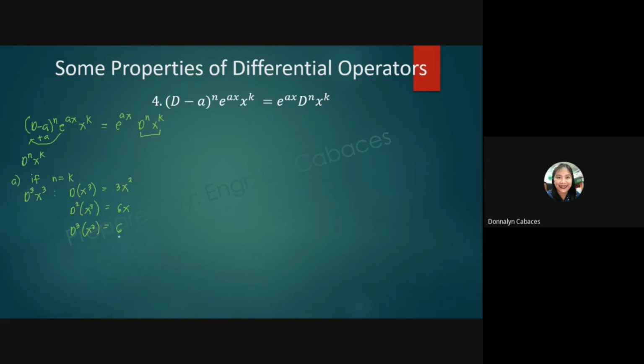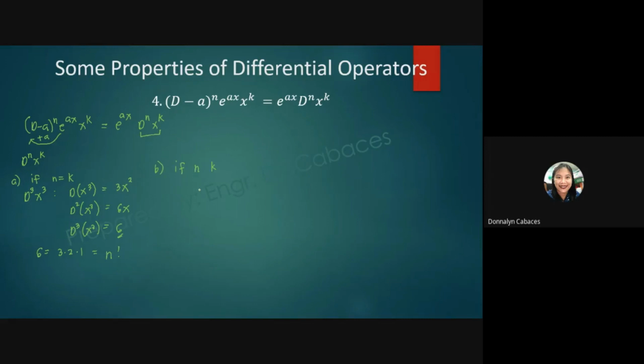How do you find this 6? 6 actually is equal to 3 times 2 times 1, which is simply equal to n factorial. So if you are asked what is the D to the fifth of x to the fifth, you need not take 5x to the fourth, then 5 times 4x cubed, etc. And you will be ending up with your answer as 5 factorial or 120.